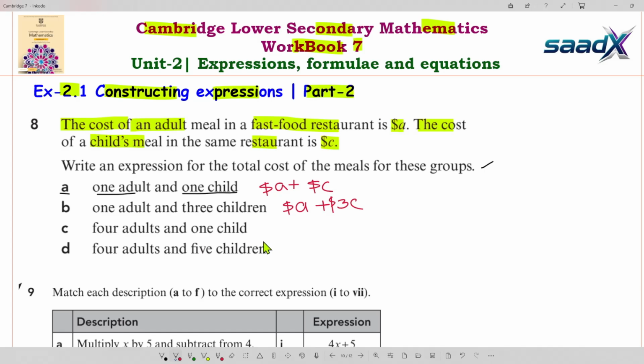Four adults and one child: four adults is $4A plus one child, $C. Four adults and five children: 4A plus five children is $5C. Very simple. So number 8 is done.